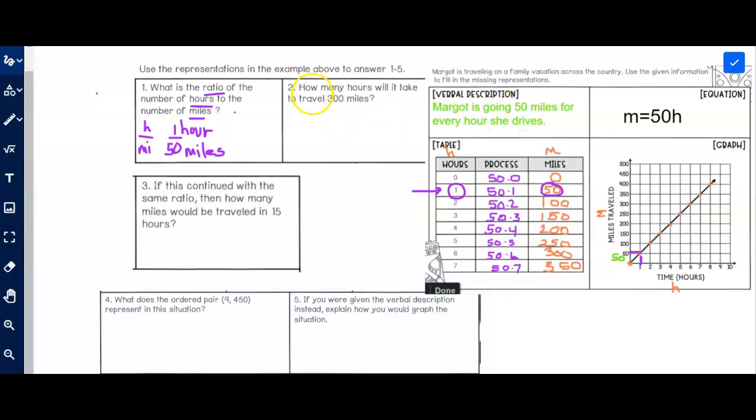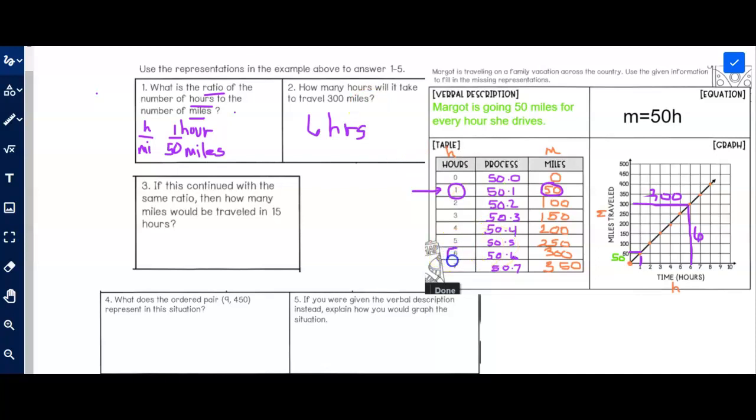And then the next thing is how many hours will it take to travel 300 miles? Again, if you look at your graph, you can say, okay, 300 miles is right here. How long did that take? 6 hours. So for 300 miles, we took 6 hours to get there. So the answer here would be 6 hours. That's where we can find it just from the graph without having done anything else to this problem.